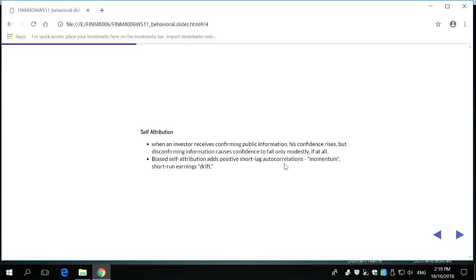So in the short run, it generates positive autocorrelation, which we can call momentum. And because eventually the price will go back to its fundamental level, you also have long-run reversal. So this model explains both the short-run momentum and the long-run return reversals.